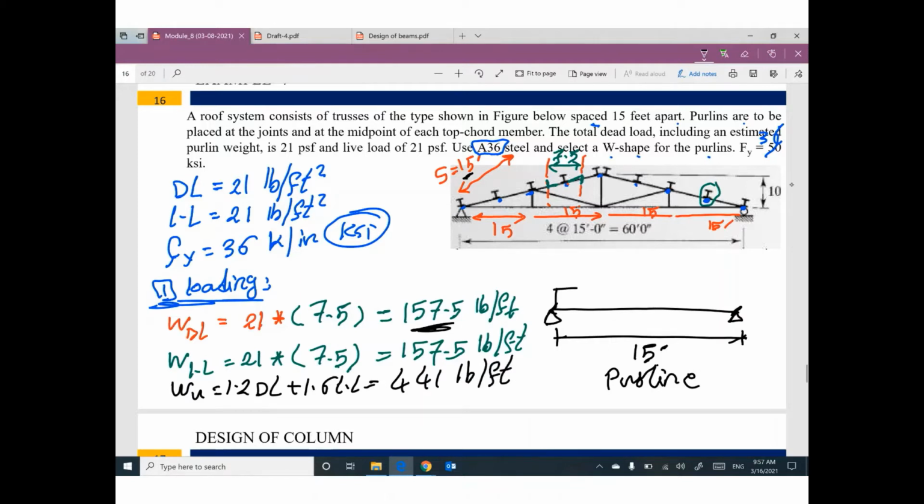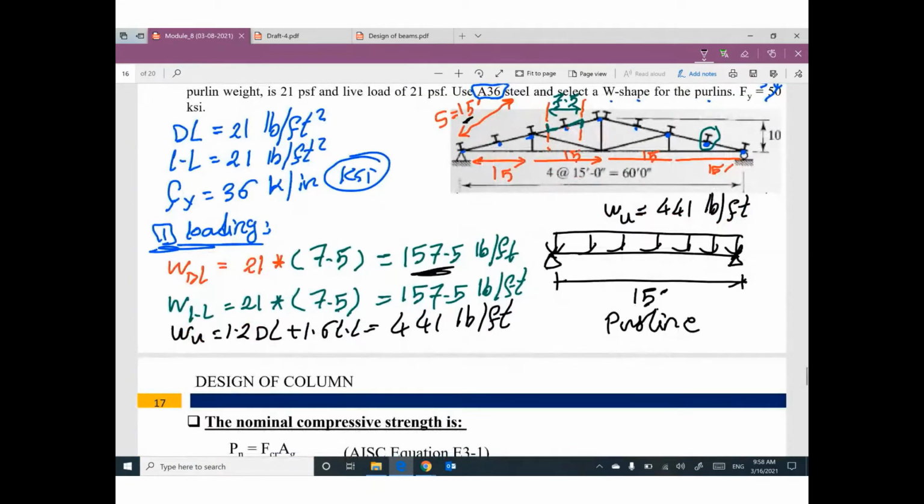So we have dead load here, we have ultimate load here. W ultimate equal 441 pound per foot. That means M ultimate equal W ultimate L squared divided by 8, W ultimate times 15 squared divided by 8.